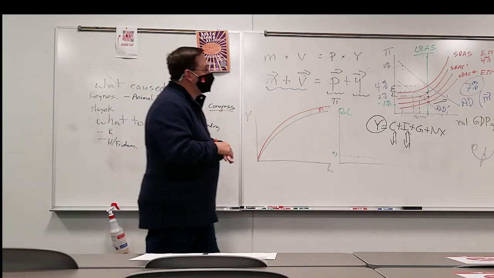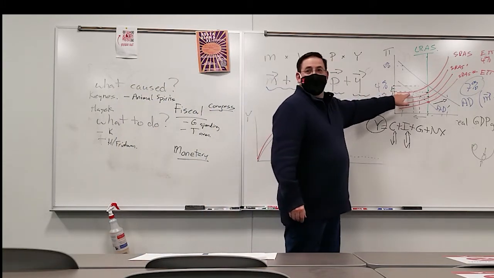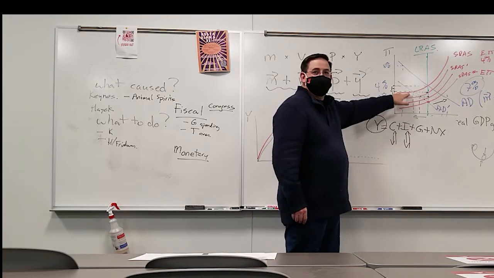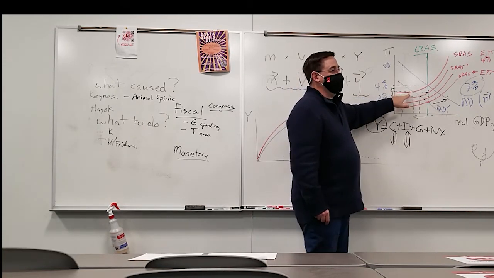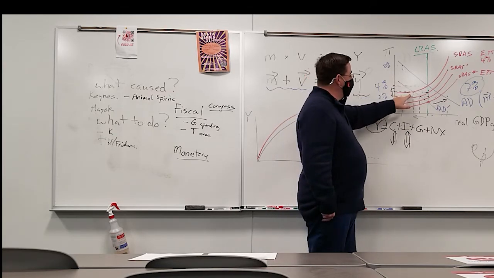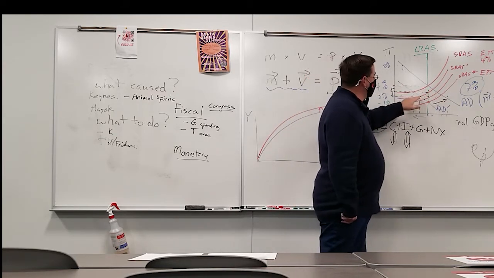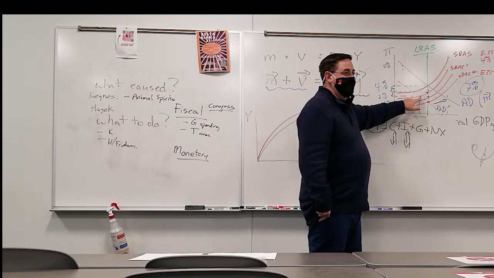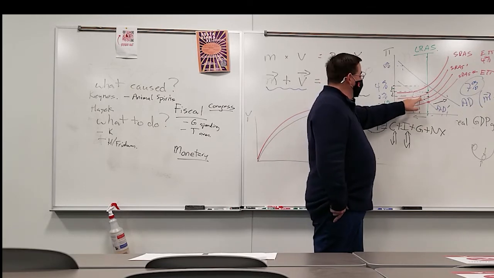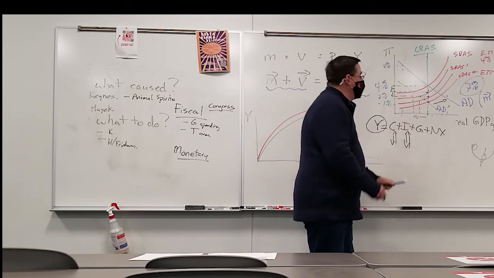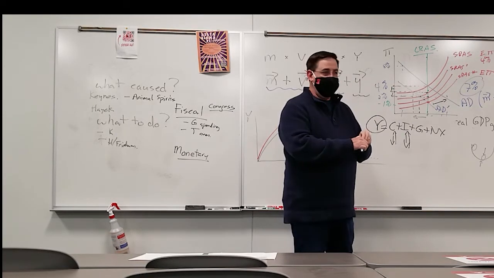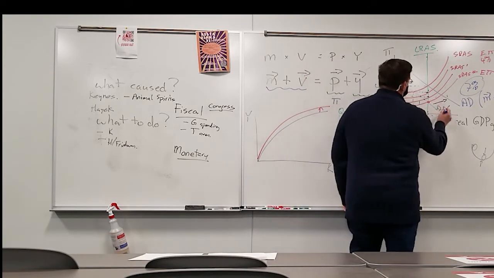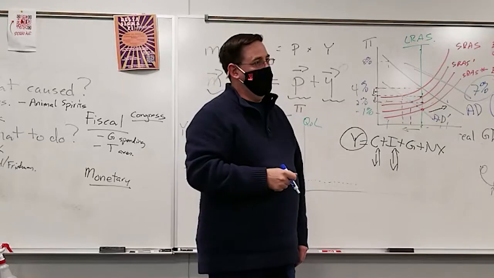However, if you're in a recession, and you want to pass some sort of fiscal policy to try to get us out of the recession, while Congress is going back and forth trying to get the law passed, producers are updating their priors about what's happening in the economy. Time is passing on, and it could be that once you pass the law that will boost aggregate demand, you're almost already out of the recession.